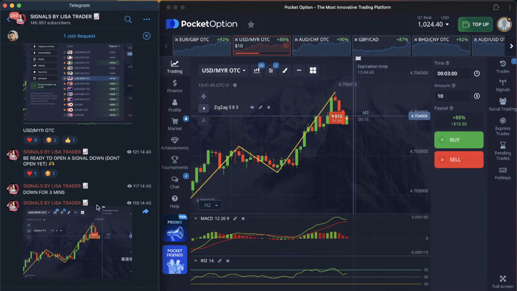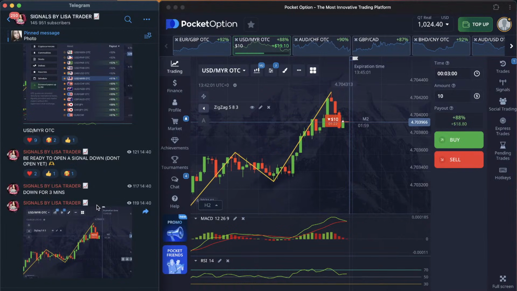So let's wait here. It went a bit higher, but we're waiting for the reversal in the downward direction here. So let's wait.